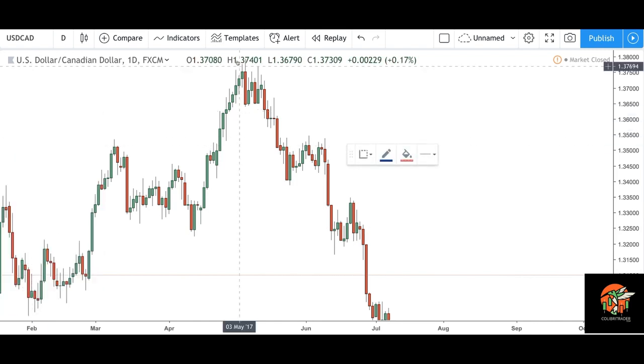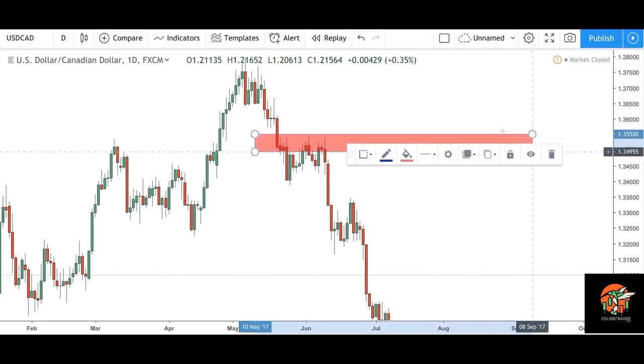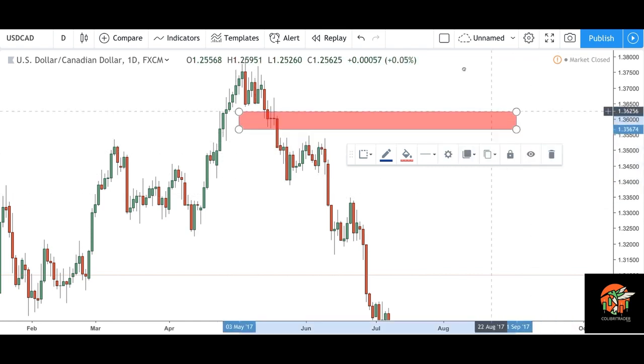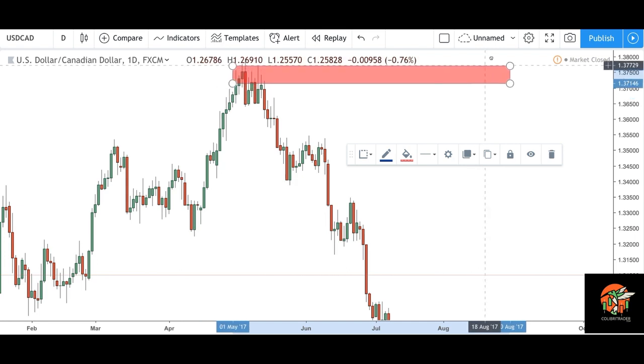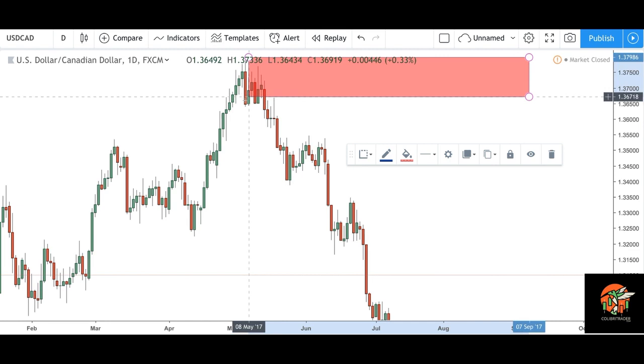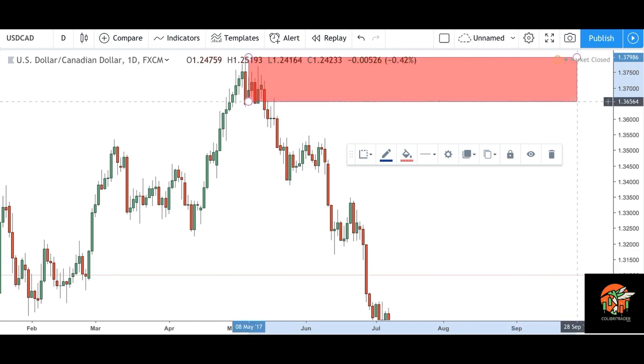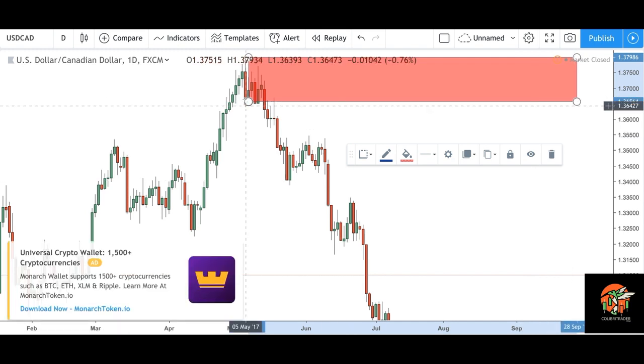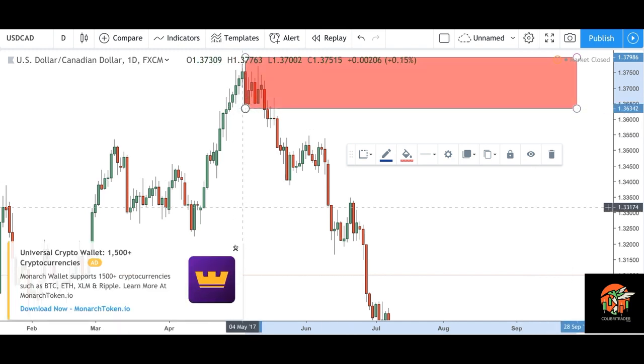supply levels. Here you have a downtrend, which initially started from here. So this is our first supply zone, after which you have a couple more on the downtrend.